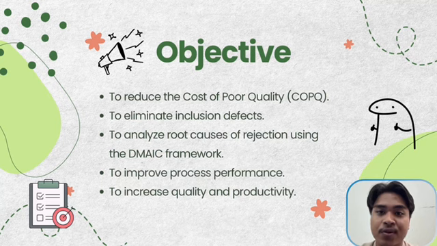Ultimately, by successfully applying this framework to target those specific defects, we will naturally achieve our final two objectives, improving overall process performance and driving up product quality and productivity. When we eliminate the root causes of errors, our manufacturing line becomes leaner, more efficient, and ultimately more profitable.